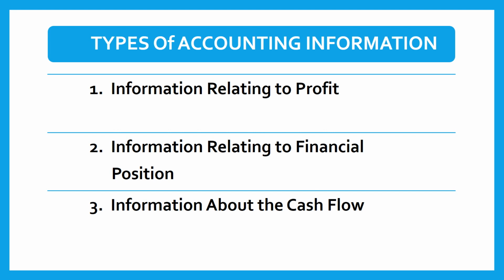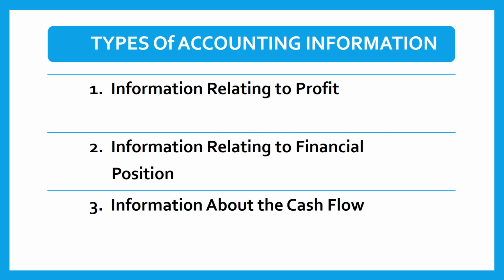So these statements provide information relating to profit, information relating to financial position, and information about the cash flow position in the business. Now, how is the information related to profit provided? This information is provided in the business by the income statement.